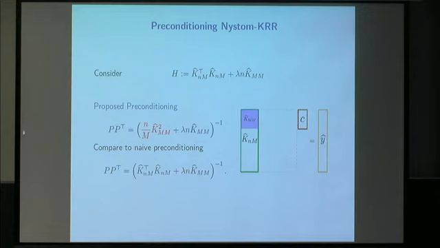While in practice we consider this preconditioner, and first of all, if n is equal to m, these two matrices are just the same. What we prove is that statistically, a number of Nystrom points that is way smaller than n is enough to give the same spectral properties of these two matrices.